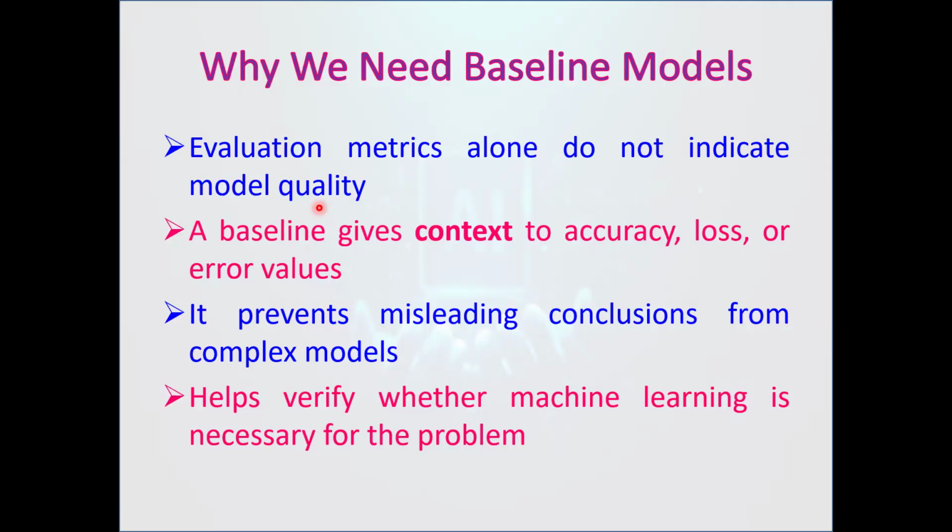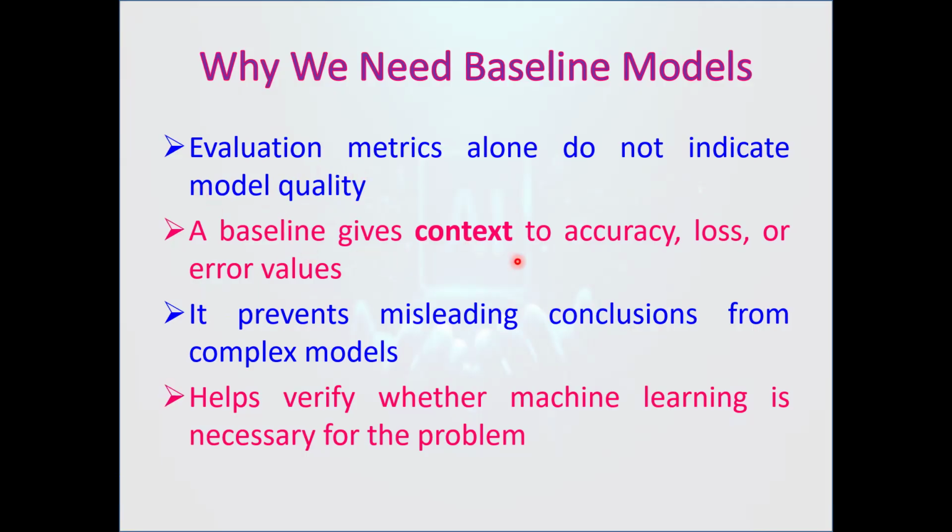For example, an accuracy of 85% might look strong, but if a simple baseline already achieves 83%, the improvement is very small. That is 85 minus 83, only 2 percentage points. The improvement is very small. Hence, the metrics only become meaningful when interpreted relative to a baseline reference.